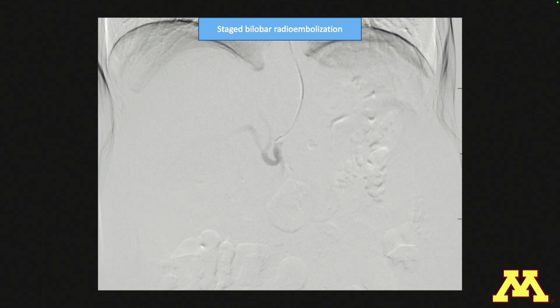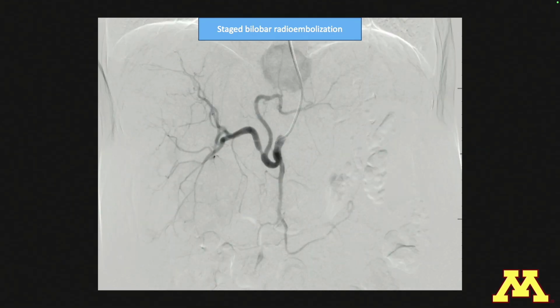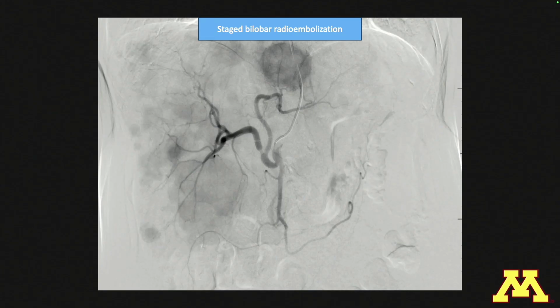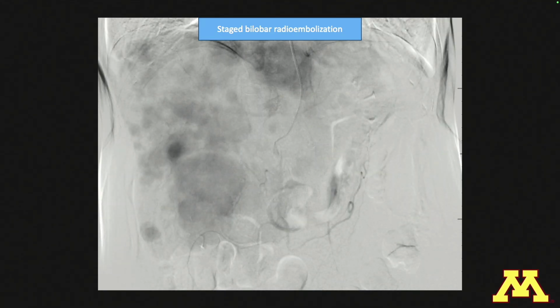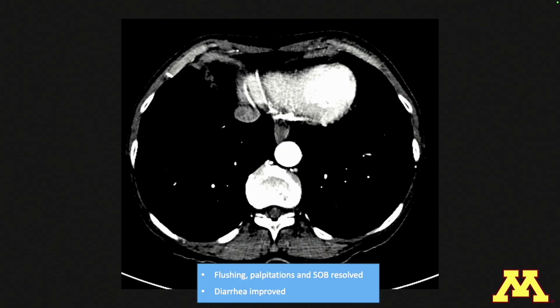And then considering the large tumor burden in this patient and multifocal tumors, it was treated by staged lobar radioembolization, in which the injected beads had radiation on them, and the treatment was spread 6 weeks apart for the patient to tolerate the treatment well. And this is at the time of the first stage treatment, in which we can see all these tumors lighting up on the scan.